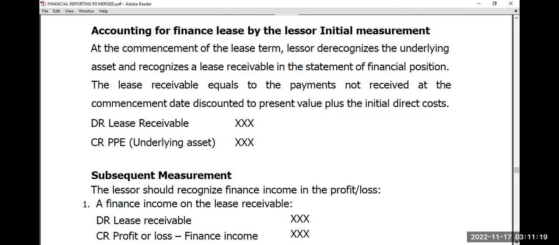So when they have incurred those costs, they will also combine them with what the buyer is going to give them. So the lease receivable is going to be a combination of the initial direct costs that are associated with the selling of the asset. But basically, the amount the person is going to be paying in the future will be discounted, and we get the present worth, so that we can incorporate it in the figures.